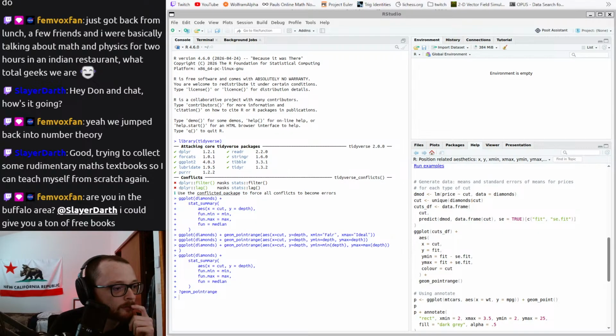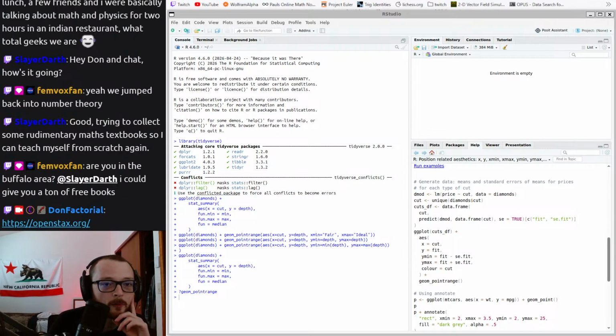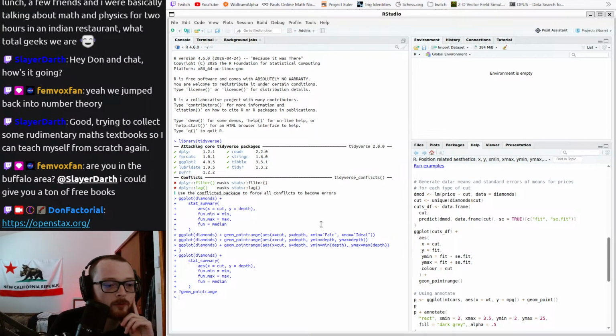Wait, what? Discord updated? Okay. I need to update my math resource page. OpenStax. In case you didn't already know about it, they have textbooks for pretty much everything you can want, from the most fundamental math up through calculus, all free.